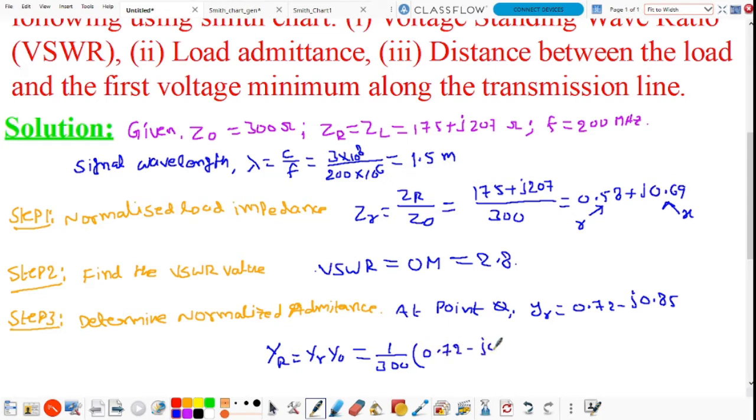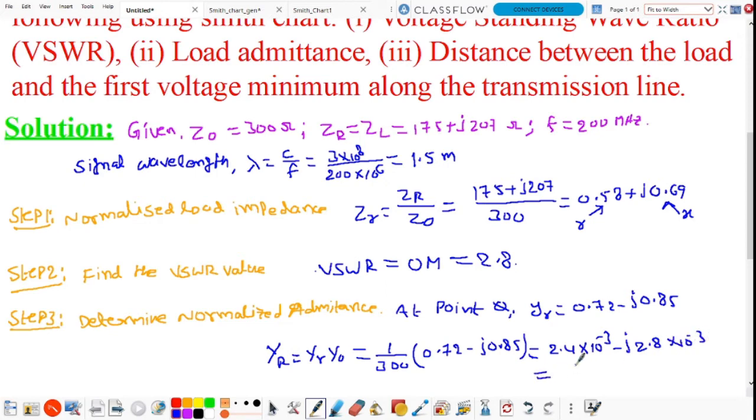is 0.72 minus j 0.85. So that is equal to 0.72 divided by 300, which is 2.4 into 10 to the power of minus 3, minus j 0.85 divided by 300, which is 2.8 into 10 to the power of minus 3.